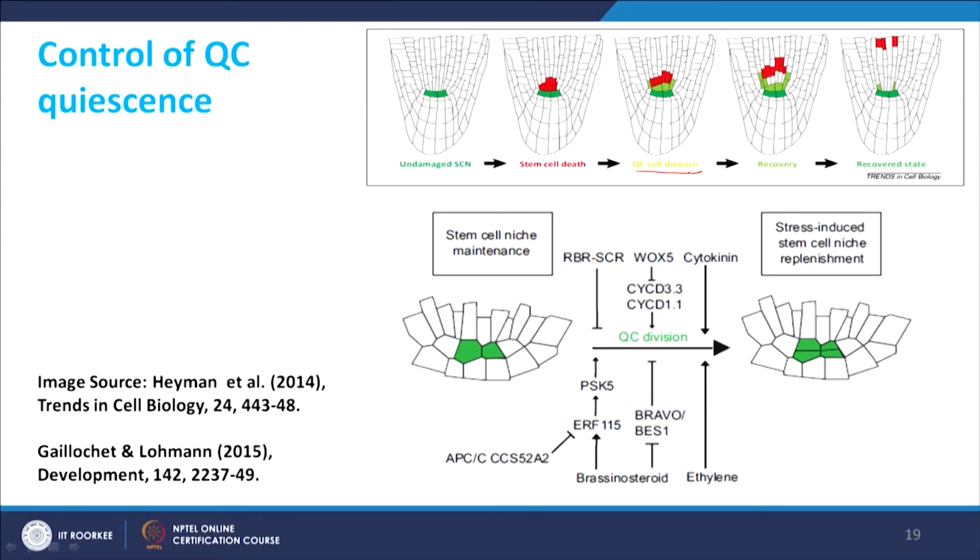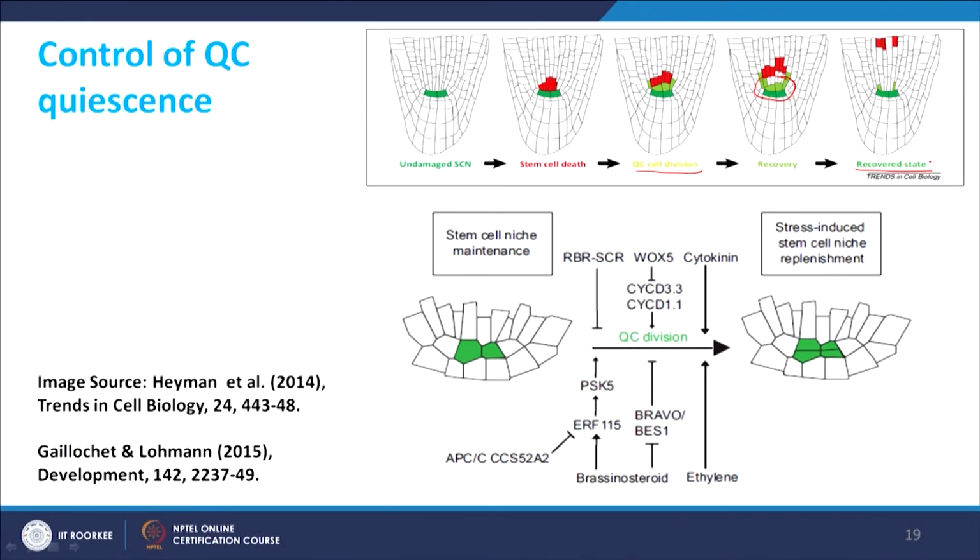So there is an activation of cell division in the QC, which is normally silent, and the QC recovers the entire stem cell niche so that the root continues growing, and this leads to the recovered state of the root apical meristem.